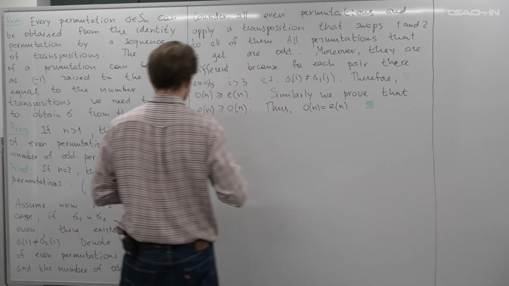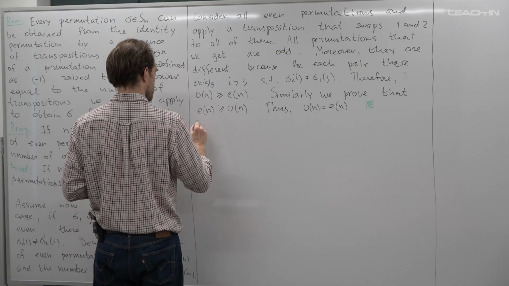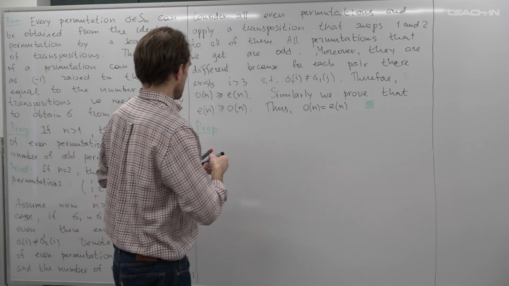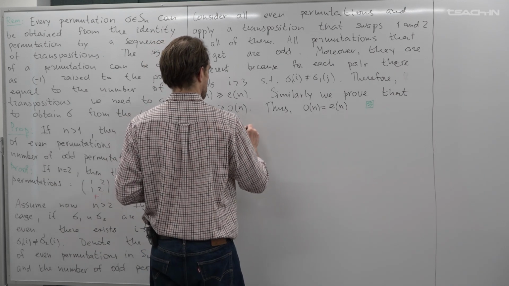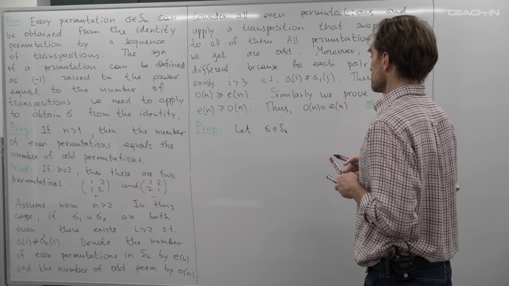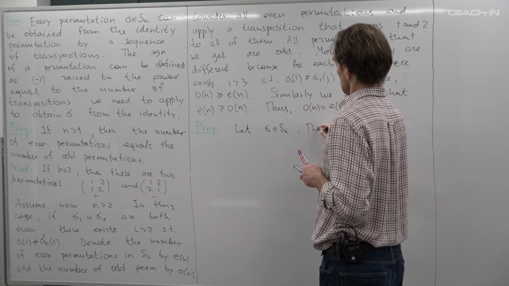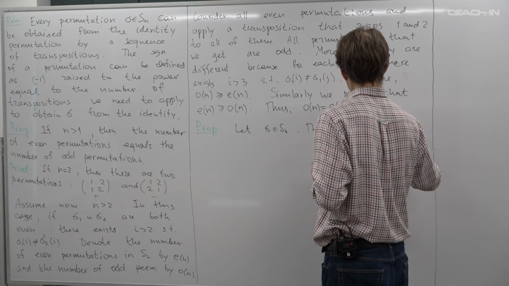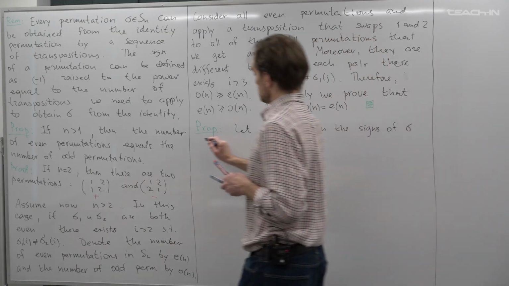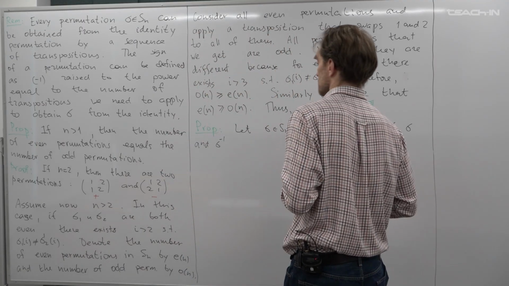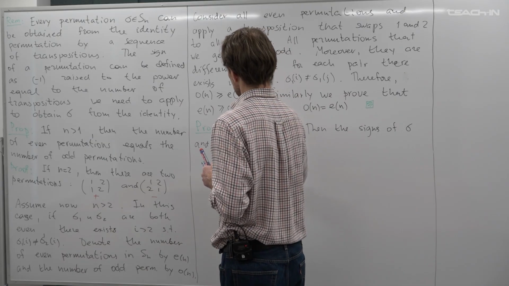And now one more proposition. So let sigma be a permutation of an n-element set, then the signs of sigma and sigma to the minus 1, the inverse permutation, are the same.